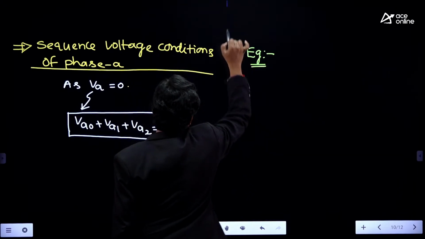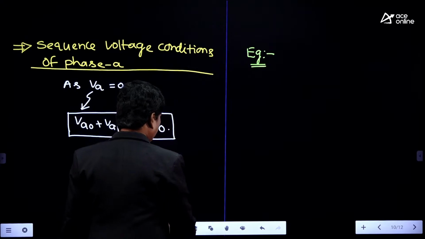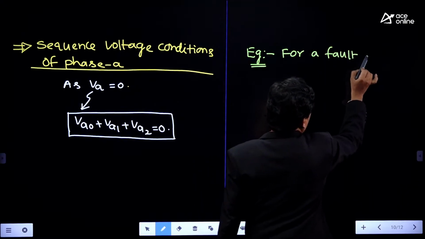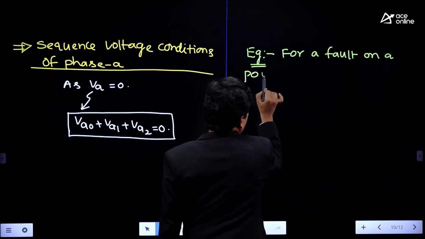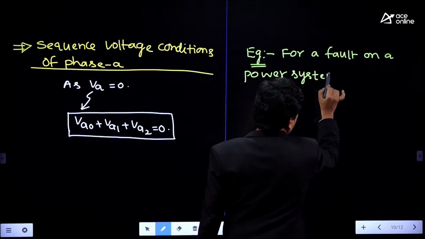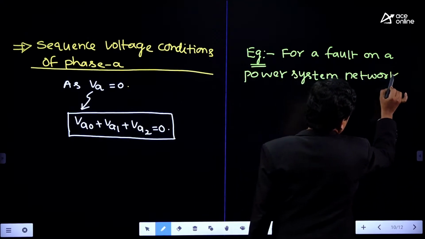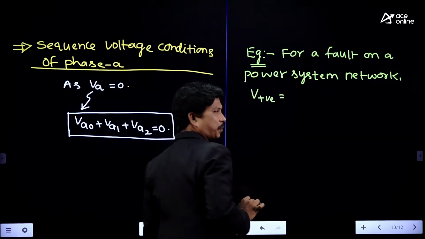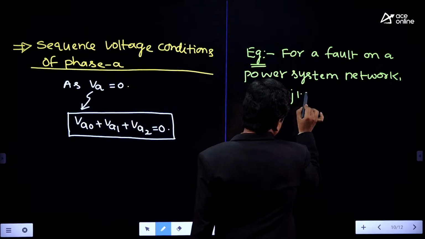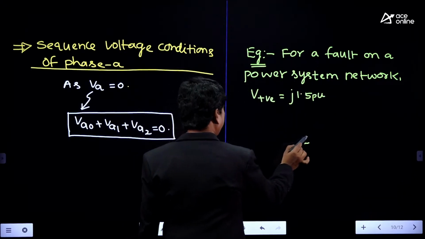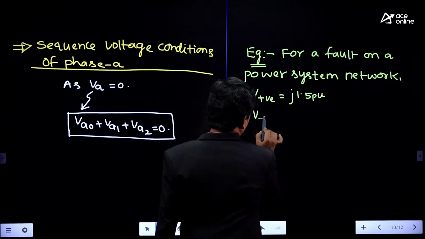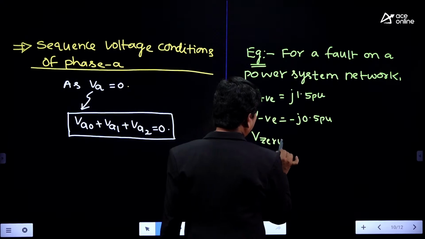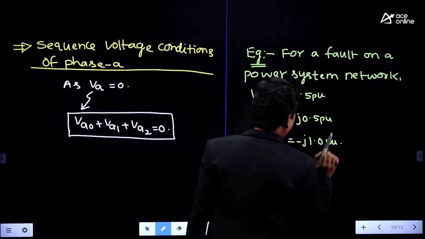Up to now we don't know about the different faults, but here they can say that for a fault on a power system network, we get the voltage components as: the positive sequence voltage is j 1.5 per unit, V negative is equivalent to minus j 0.5 per unit, and V0 is equivalent to minus j 1.0 per unit, right?